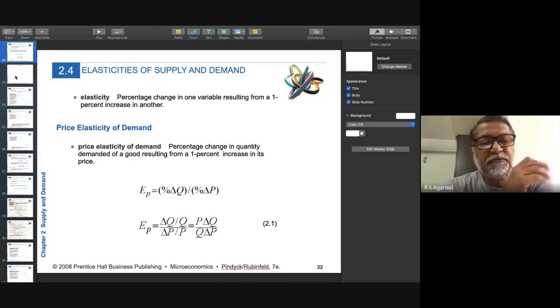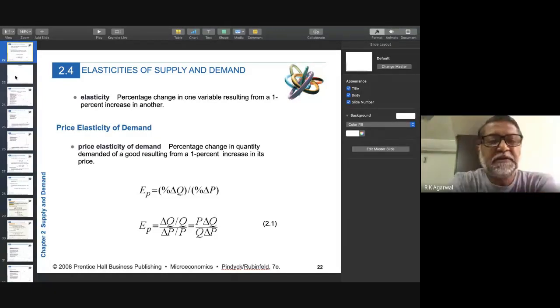Then we discussed market equilibrium, that is, the intersection of demand and supply curves, and what happens if one curve stays the same but the other shifts to its right or to its left. We also discussed what will happen if both curves shift simultaneously.